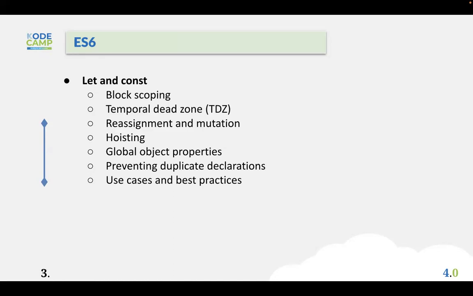So what is block scoping? Before ES6, JavaScript primarily used function scoping for variables declared with var. This means the names of variables declared with var are accessible throughout the entire function, regardless of the curly braces defining code blocks.